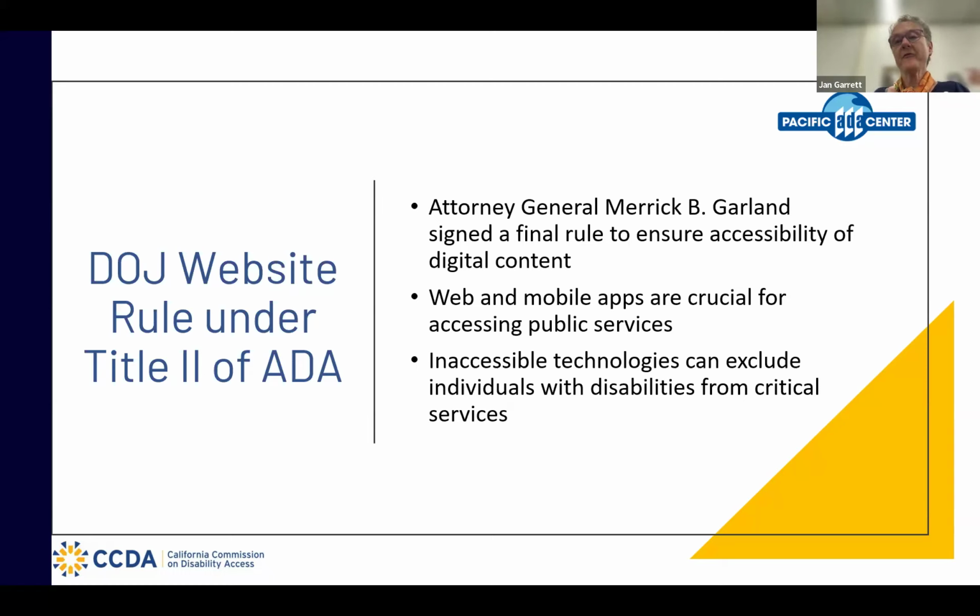They can exclude people from being able to pay their bills or find out what the city council is doing in their neighborhood. Making sure that you're offering all of that information to everybody matters, because every resident in your city pays taxes and lives there and deserves to be able to have that information.